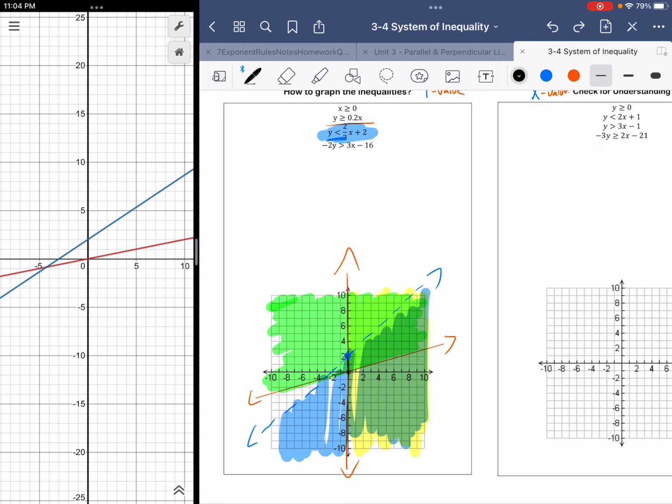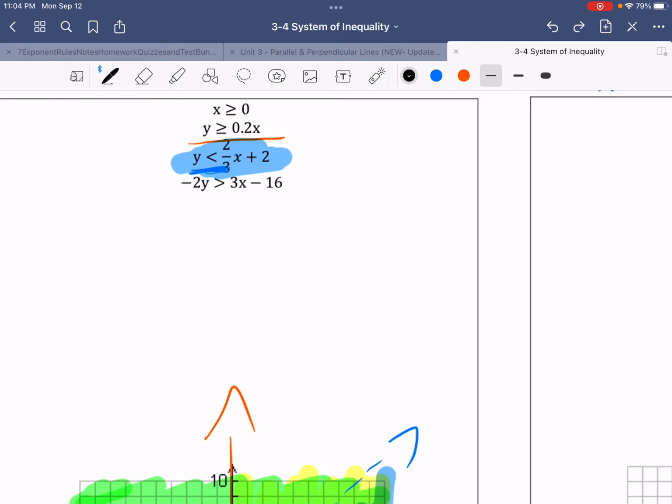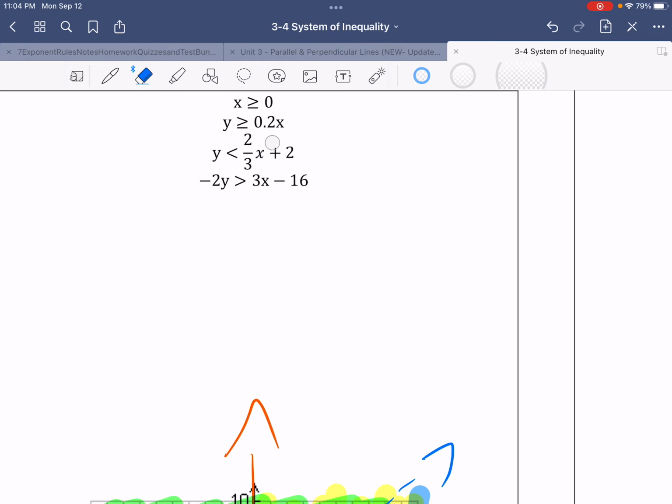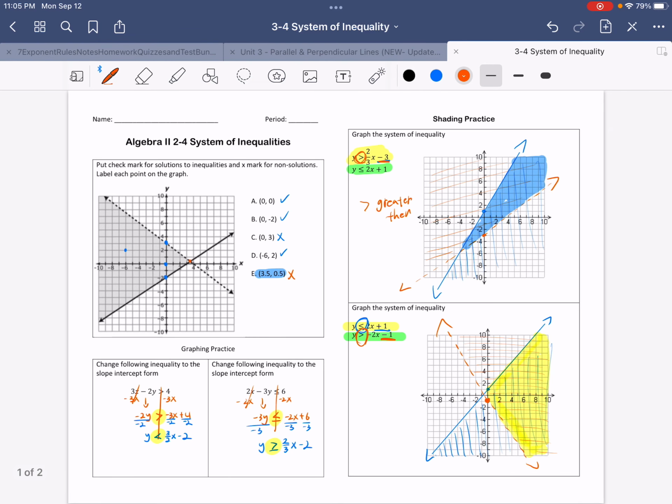Now, the last one. The problem with the last one is we cannot really graph this one because we have a -2 in front of y. So what should we do in this case? Simple. We just divide by -2 for every single term. That's what we practiced in the previous question right here.